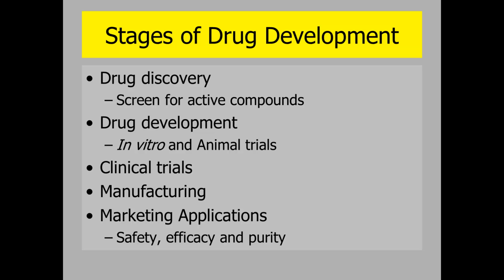So part of what you get approved by the FDA is what you say the drug is going to be useful for, at what dosage, and at what level of purity, and how effective you expect the drug to be. So the FDA will approve your drug, but they won't approve it to be used for everything. They'll approve it to be used for specific applications.